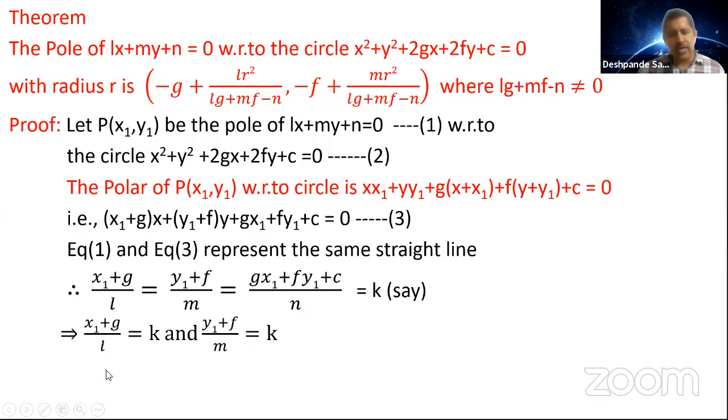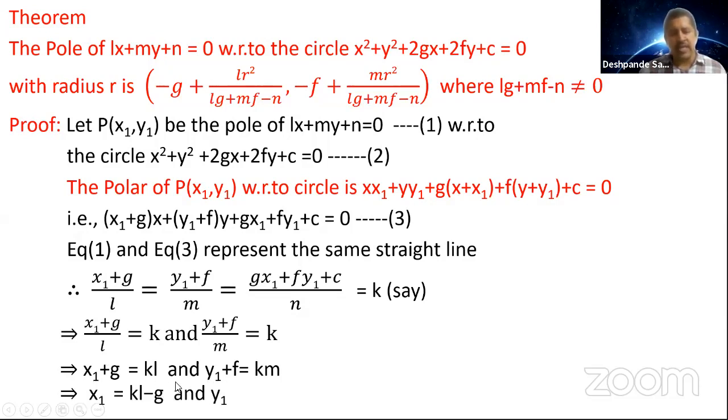Cross multiply, so x1 + g = kl and y1 + f = km. Bring g and f to the other side, so the value of x1 is kl - g and the value of y1 is km - f. So the strategy here is that you got the values of x1 and y1, and you are going to put these in the third part.